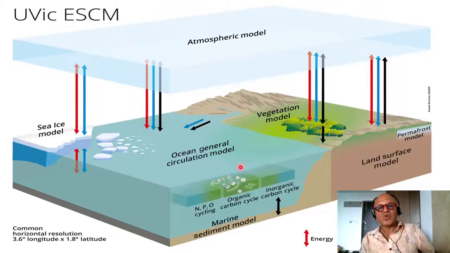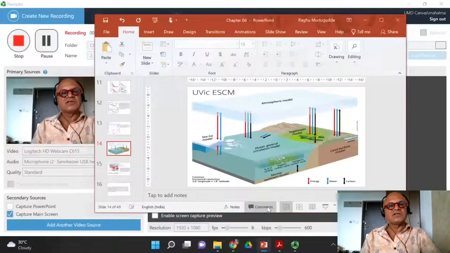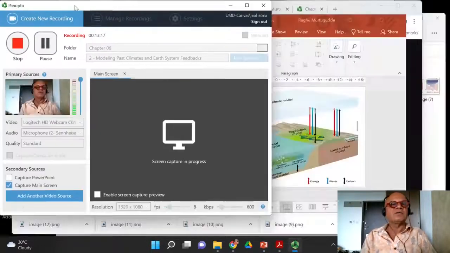The carbon cycle is important. The ocean general circulation model does the carbon cycle, nitrogen, phosphorus, oxygen, organic carbon cycle, inorganic carbon cycle, a marine sediment model, and so on and so forth. This is the model that is used in great detail to discuss the results for each marine isotope stage that we will look at along with the vegetation changes. Okay, I'll come back to that.